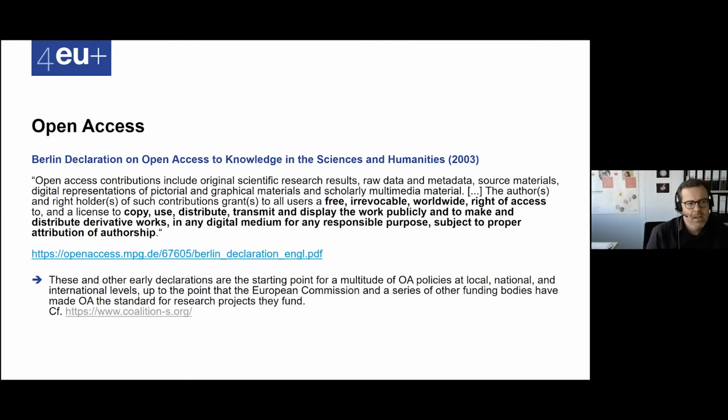The authors and right holders of such contributions grant to all users a free, irrevocable, worldwide right of access to, and a license to copy, use, distribute, transmit, and display the work publicly, and to make and distribute derivative works in any digital medium for any responsible purpose, subject to proper attribution of authorship.